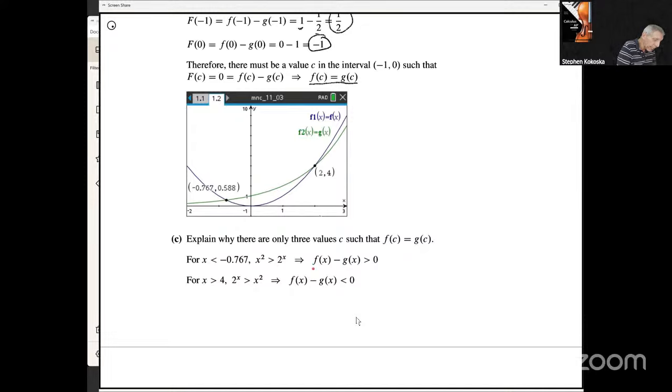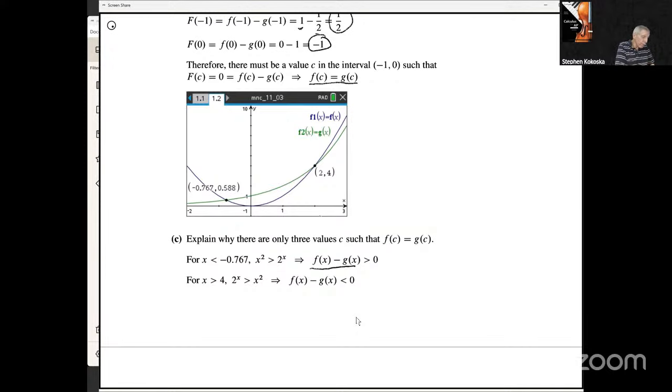So that means this difference is always positive. If that difference is always positive, there's no place where it is negative. I can't apply the intermediate value theorem again. That function capital F is never going to be 0 again. There's no place less than minus 0.767.